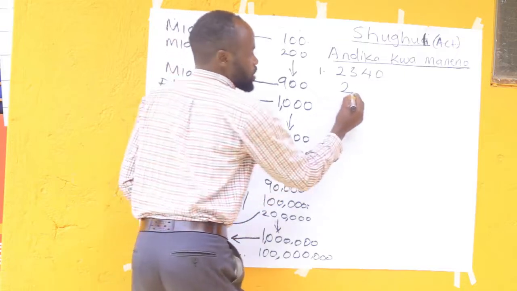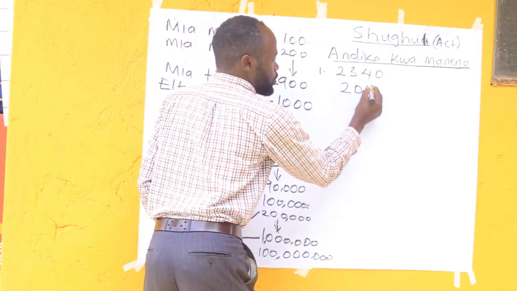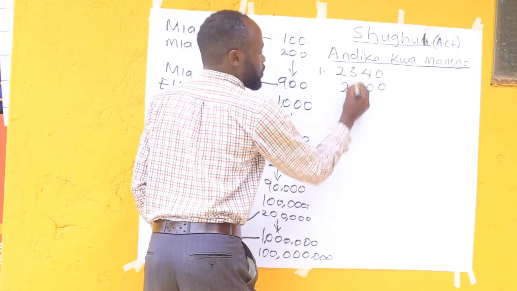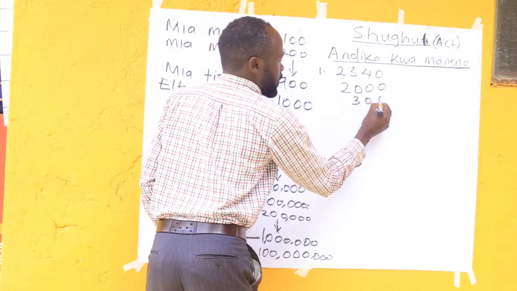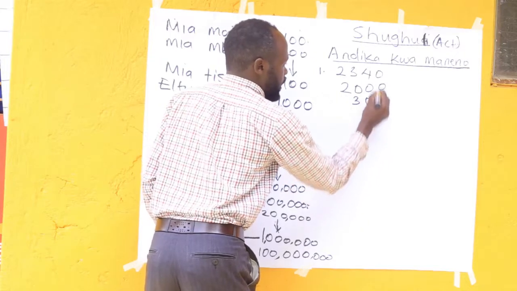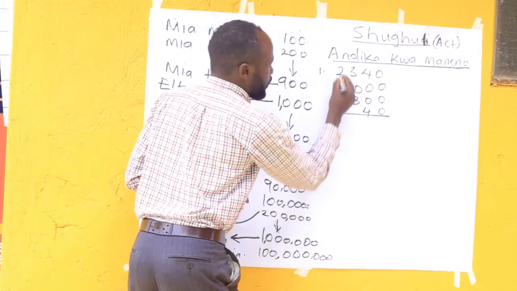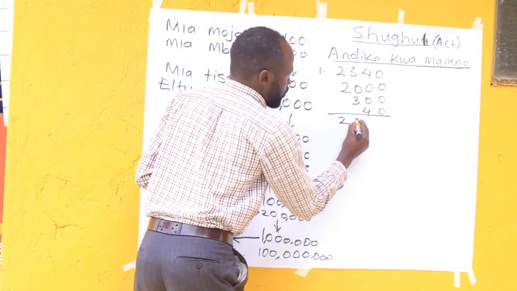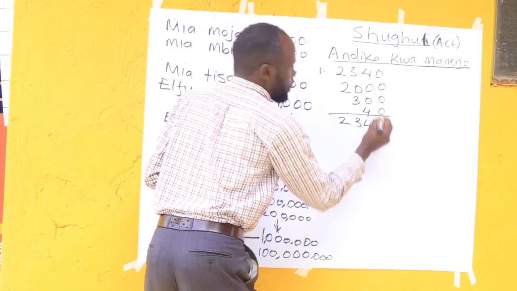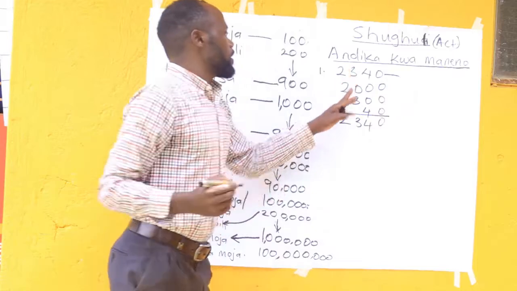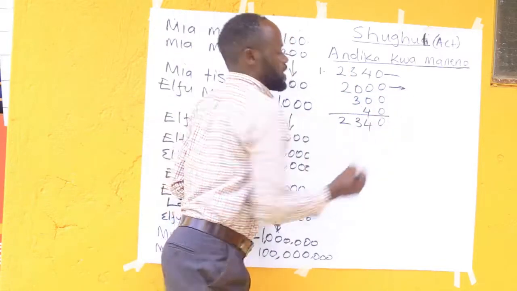Those are 3 zeros. It is 1, 2, 3. Then we shall have 3. We shall have 4. Then there we have a 0. We don't need to write it. When we add, we shall get our figure. 2, 3, 4, 0.